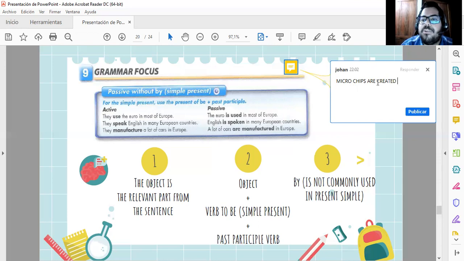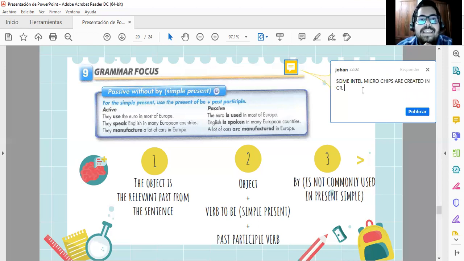Are created, I'm using the past participle, are created in Costa Rica. Or some, let's try some, because not all of them, right? Some Intel microchips are created in Costa Rica. Algunos microprocesadores de Intel son creados en Costa Rica o diseñados o ensamblados incluso.